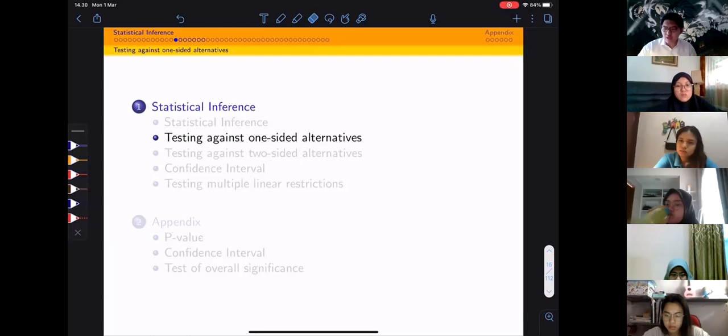Then my question is, if using a lower significance level means the higher significance levels are automatically rejected, then why don't we just go straight to using the lowest significance level?